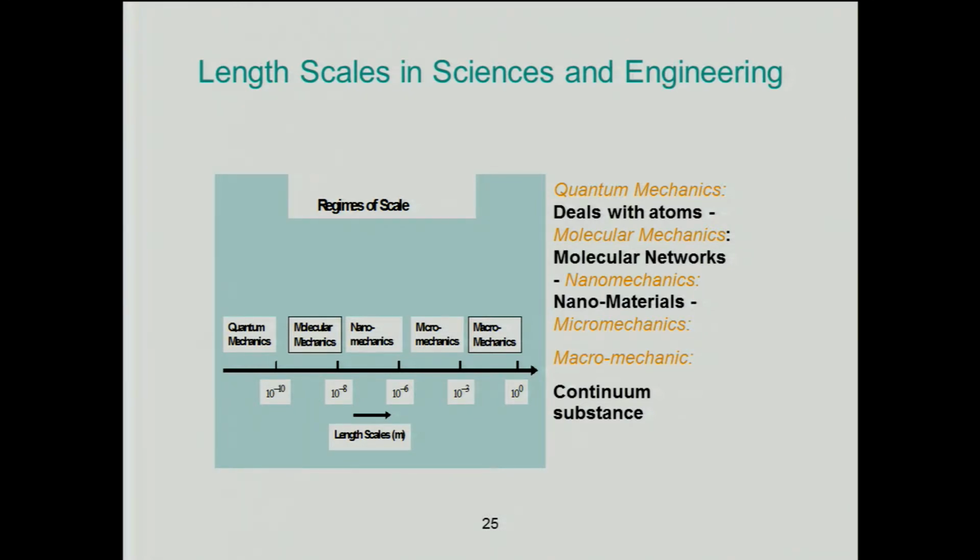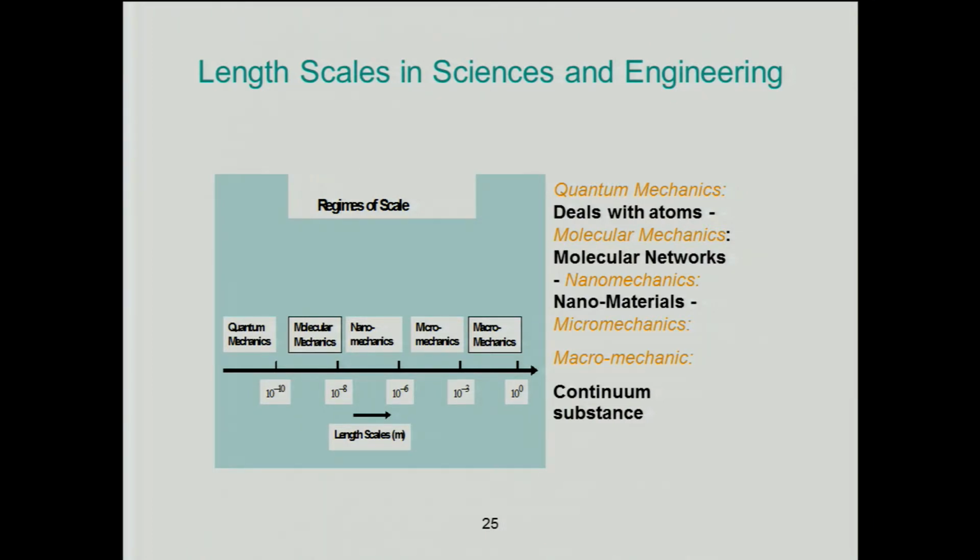But that continuum assumption fails when we work in nanotechnology. These are all the different names of different types of mechanics: micromechanics, nanomechanics, molecular mechanics. They all get their name by using some of the models of continuum substance and applying them to quantum mechanics.